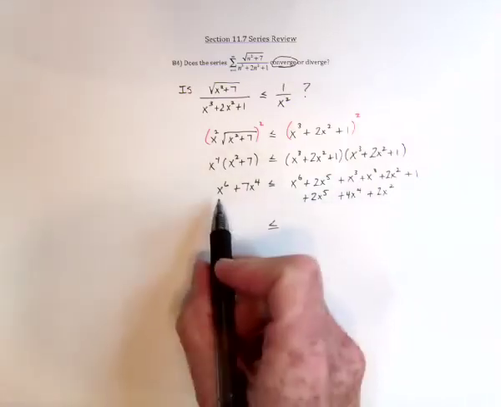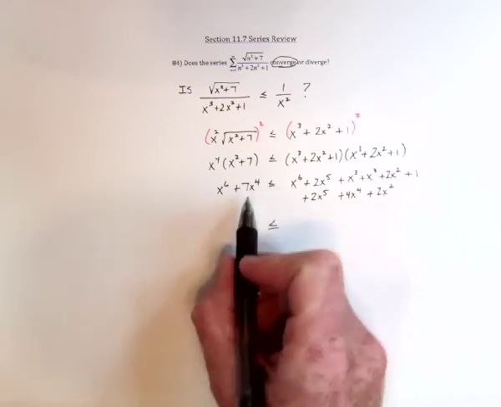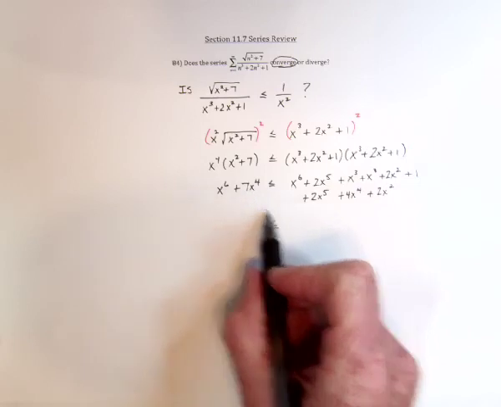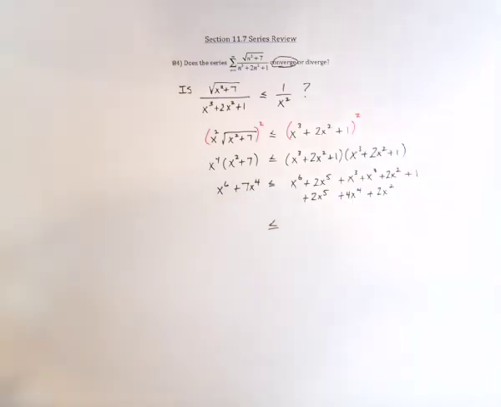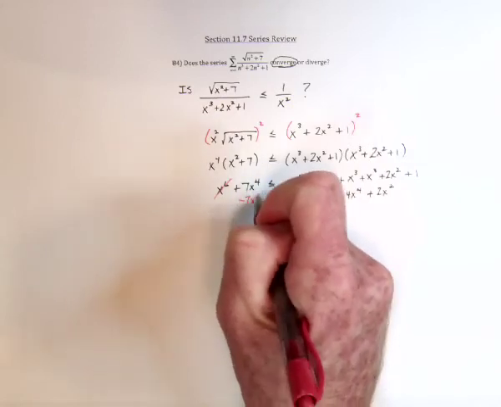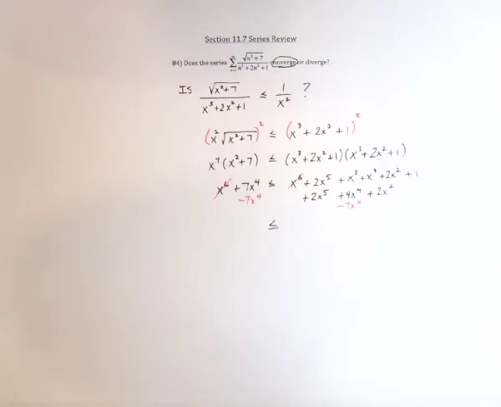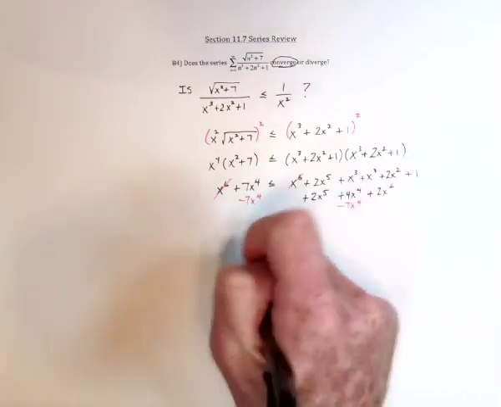Oh look, x to the 6th and x to the 6th would cancel. And in fact you could move this 7x to the 4th over here. So let me cancel these and subtract 7x to the 4th. And what remains? We've got 0 over here.